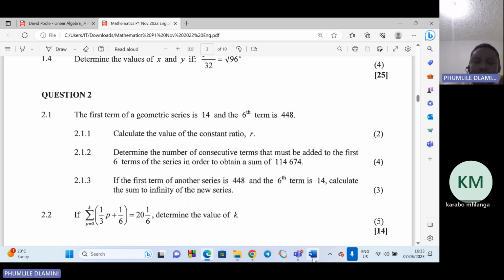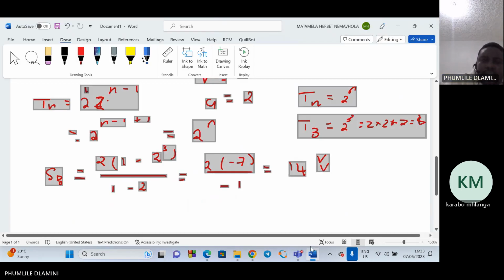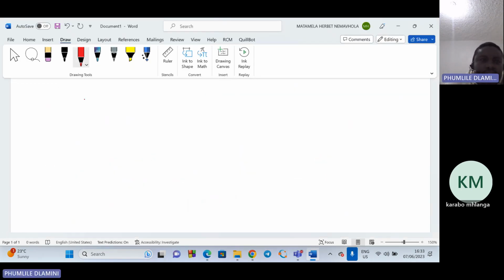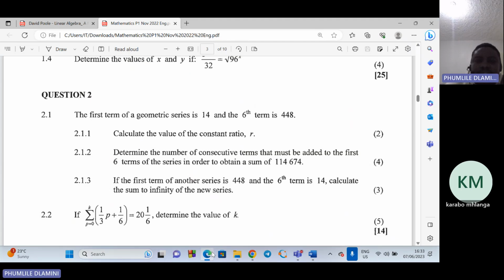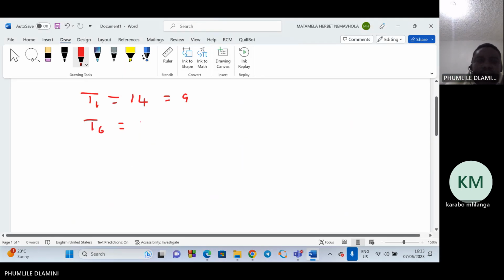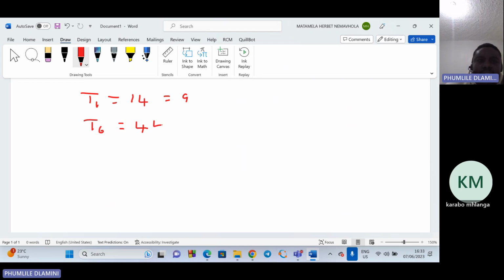So now if we go to our board, the first term that we are given is T1. Our T1 equals 14, and we know that T1 equals A. And our T6 equals 448.